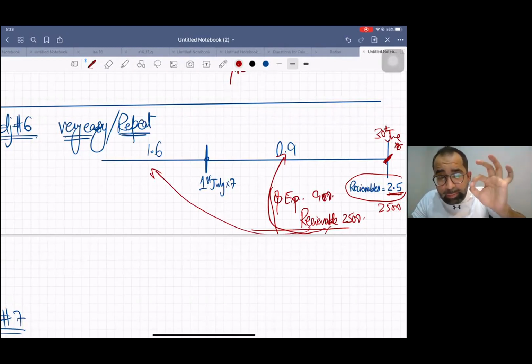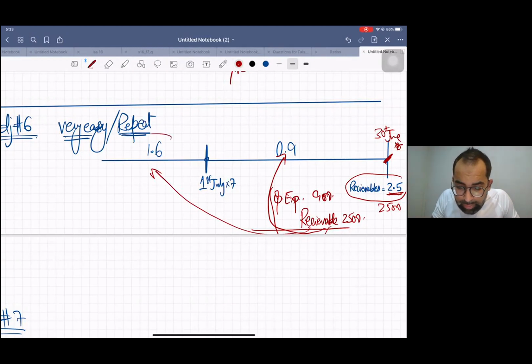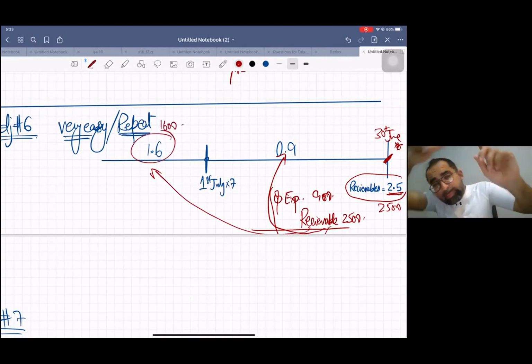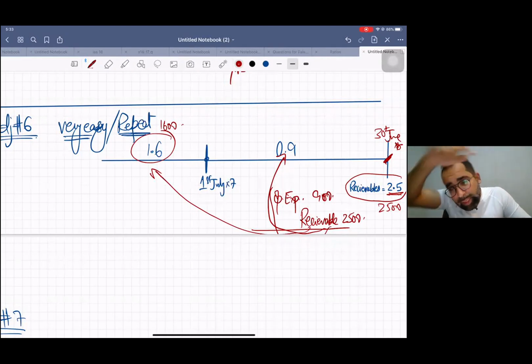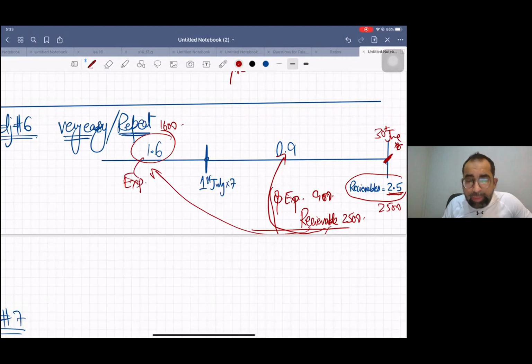Listen to my words: this 1.6 million, or 1,600, is the expense of last year. So we'll go into last year and book this expense there.